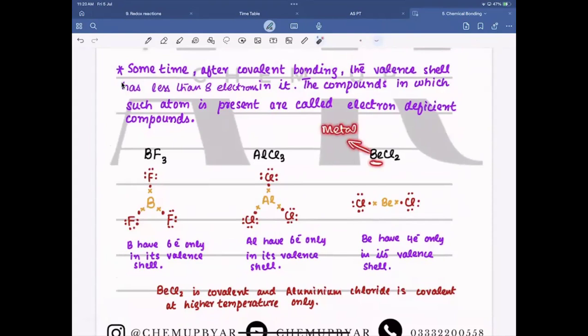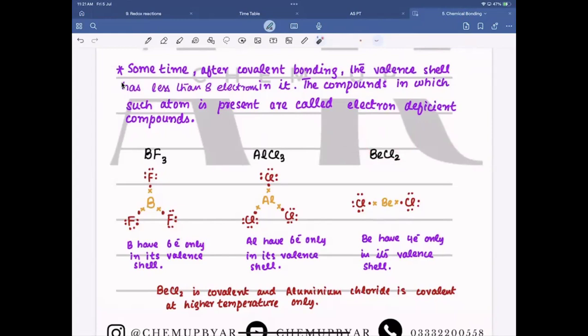And chlorine is in which group? Group 17, so it means it's a non-metal. So if one is a metal and the other one is a non-metal, it can form an ionic compound. But these two aren't ionic.